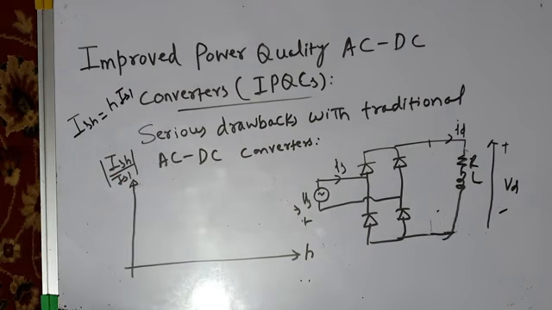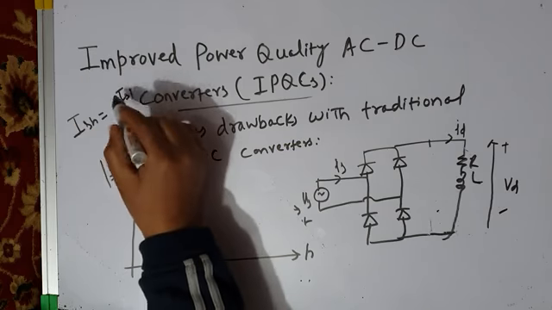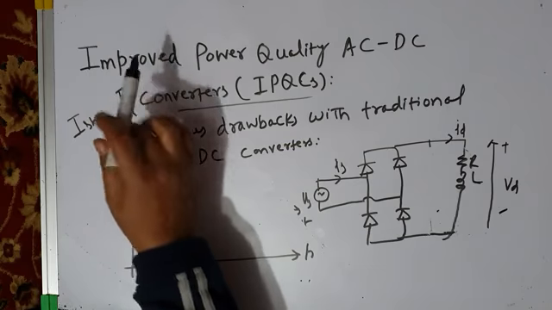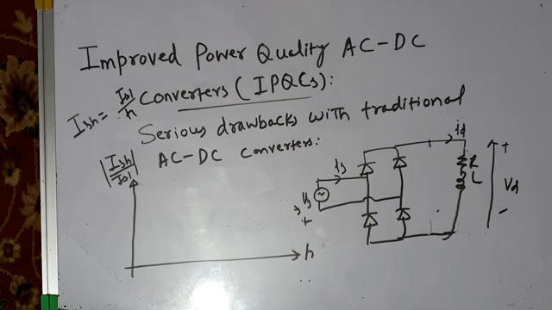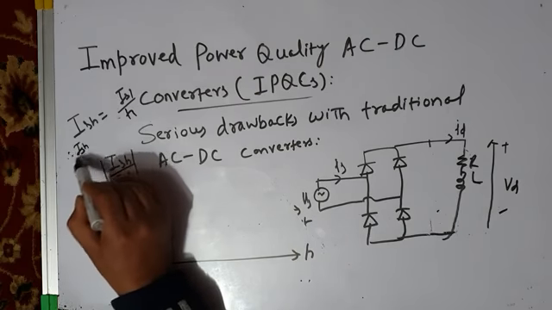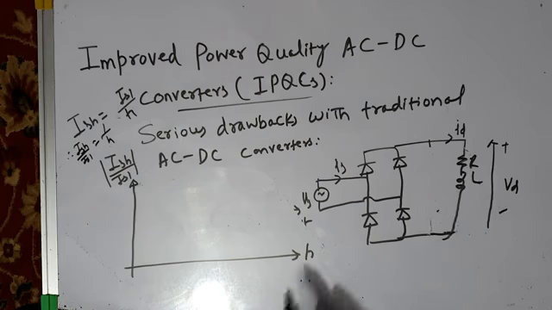The harmonic component of source current is IS1 by H. It is the RMS value of the fundamental component of source current divided by H. So therefore, ISH by IS1 is 1 by H, where H is the order of harmonics.